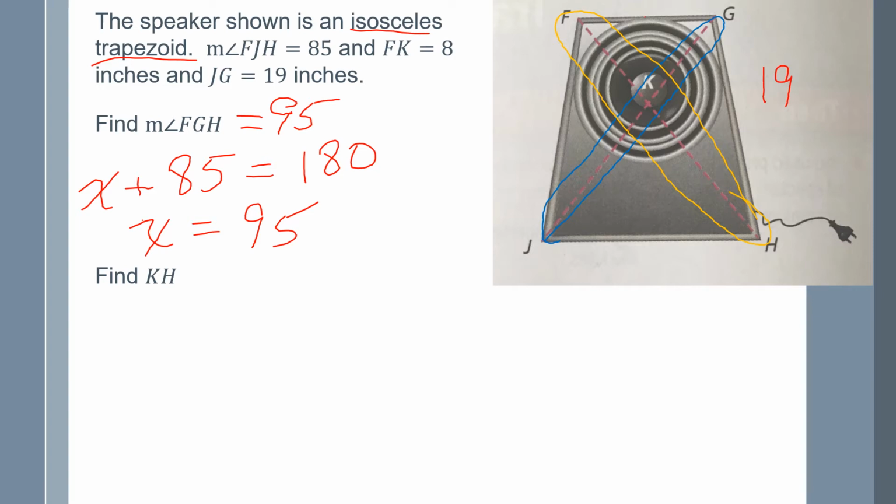So if this part of this diagonal is 8 and this whole diagonal here is 19, well then 8 plus what is 19? Well, that would have to be that KH is equal to 11. So you're going to have to reason your way around it, just like that.